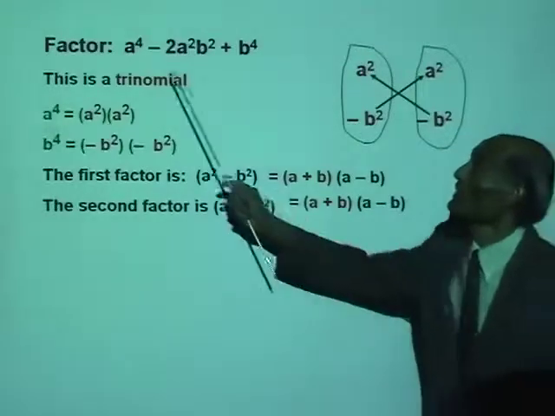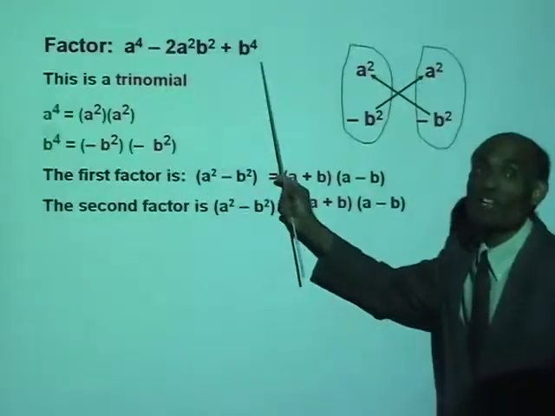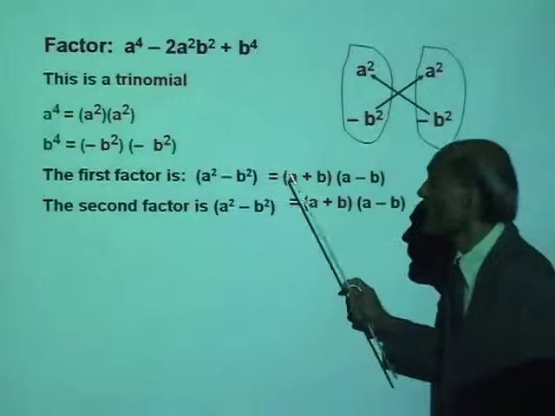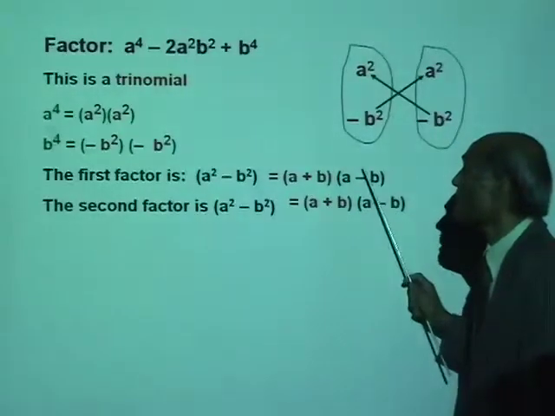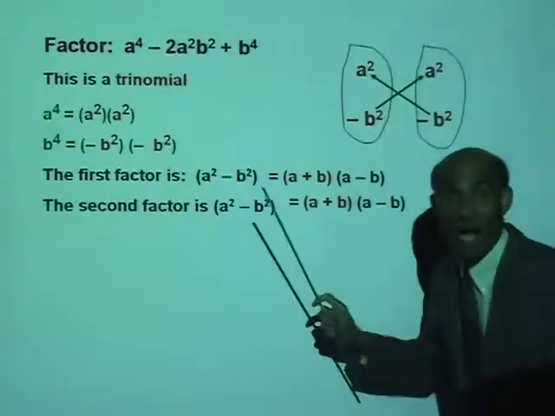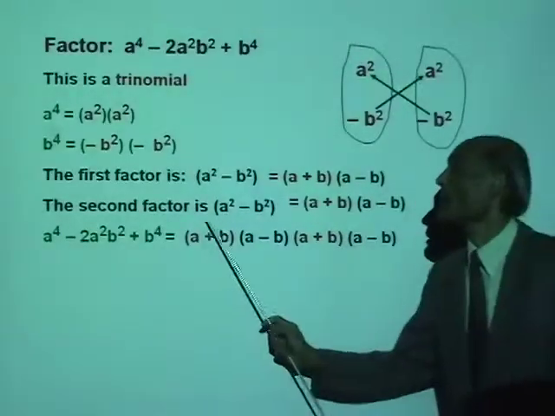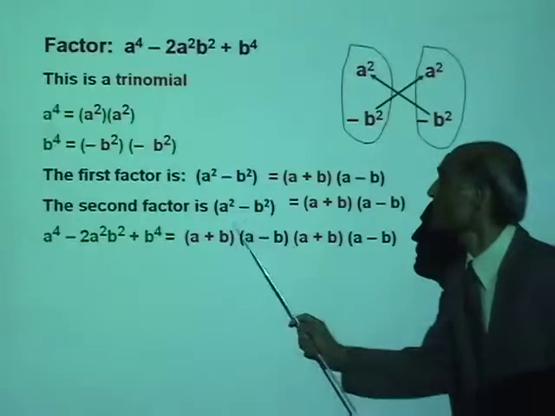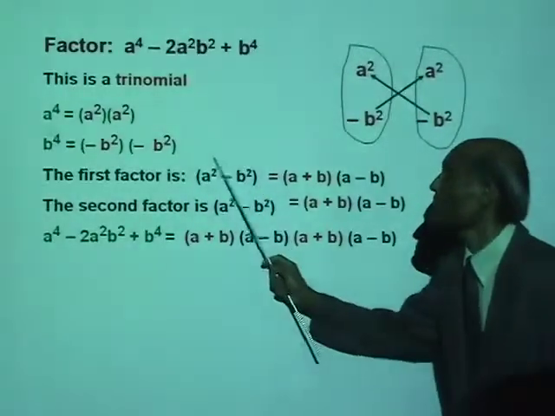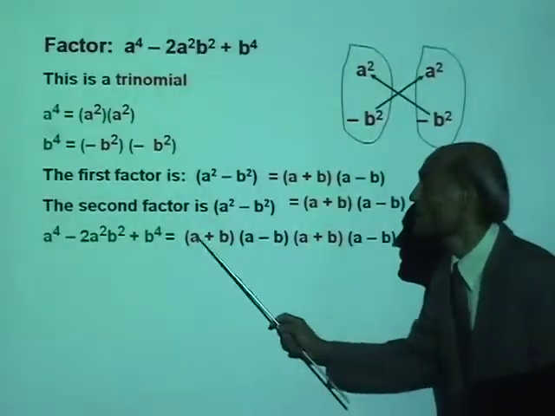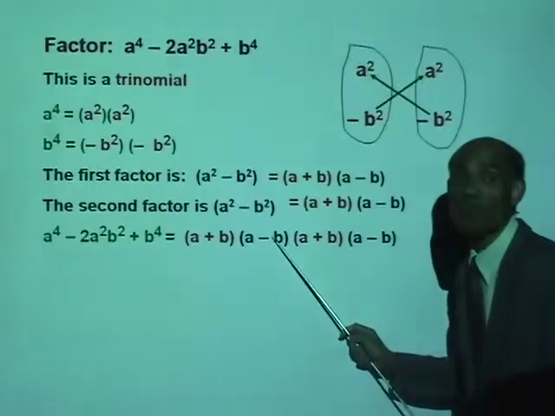That means this trinomial can now be factored as how? A plus b times a minus b times a plus b times a minus b. There you are. You see, this is your first factor. A squared minus b squared is a plus b times a minus b.